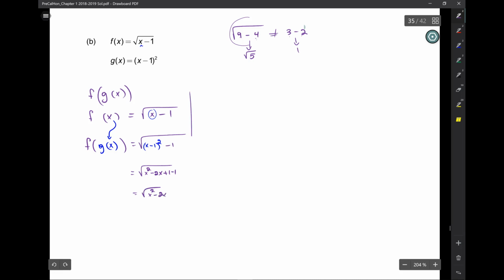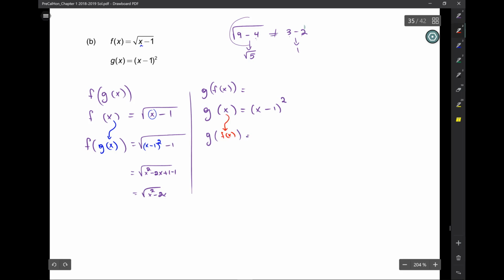Okay, let's do it again. Now let's do g of f of x. What's the outside function? G of x. G of x is x minus 1 squared. But I want g of f of x. So look at what happened.